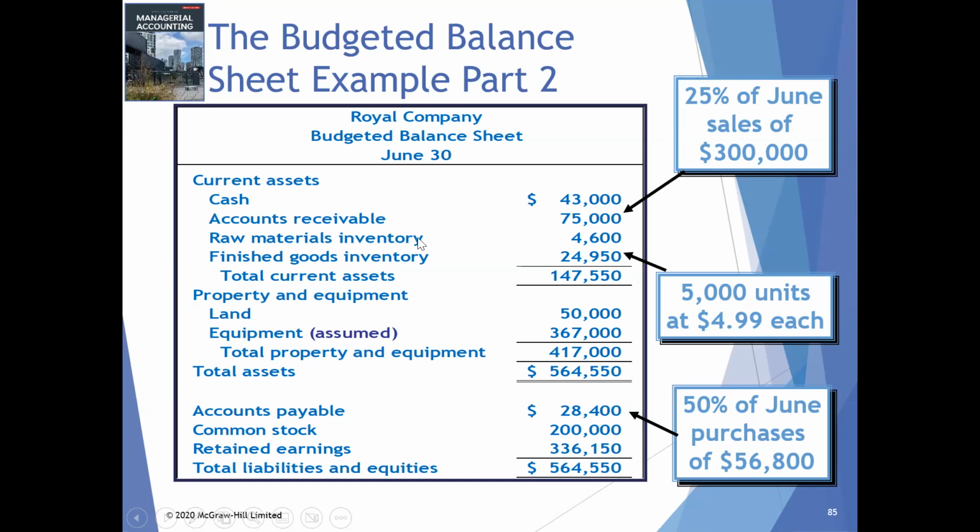Stocks are assets. We should know what the raw material stock is, at this rate. And finished goods, so raw material and finished goods, $24,950 is the finished goods inventory that we have here.